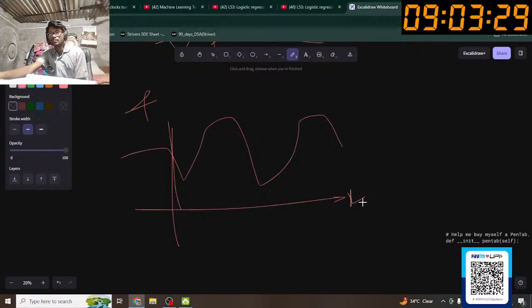We always take the derivative with respect to the independent variable. The similar concept is here also.